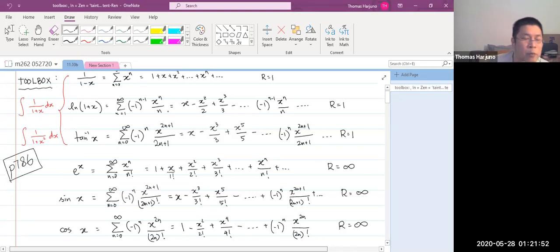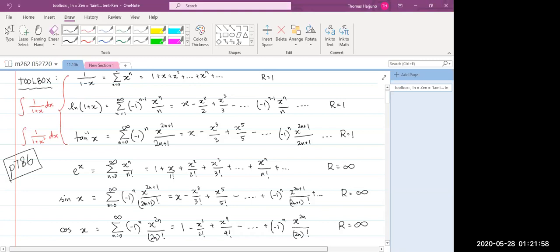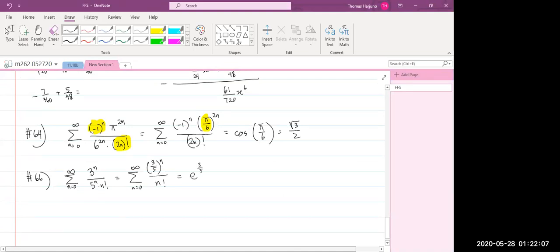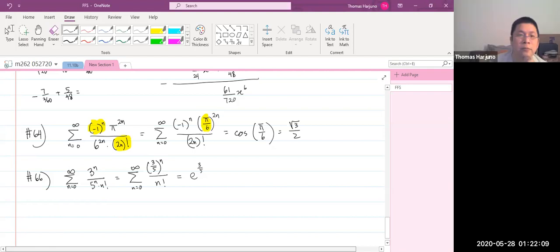That's why I say you have to memorize. If you don't memorize, you can look at this table and it takes you too long. Is it e to the x? That's e to the x. So this is equal to e to the 3/5. What we did in the past is we have e to the 3/5 and then we write the power series expansion. Now we actually have the series and then compute what is the exact value.